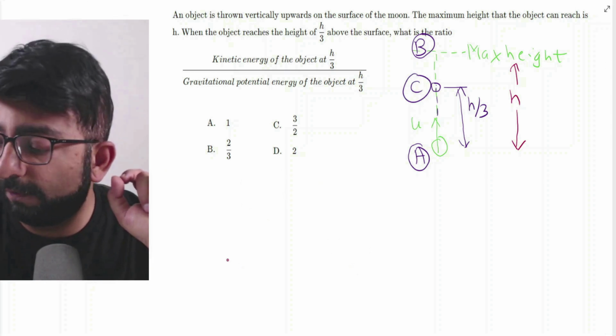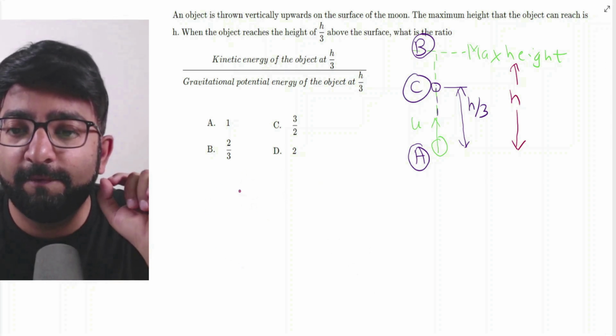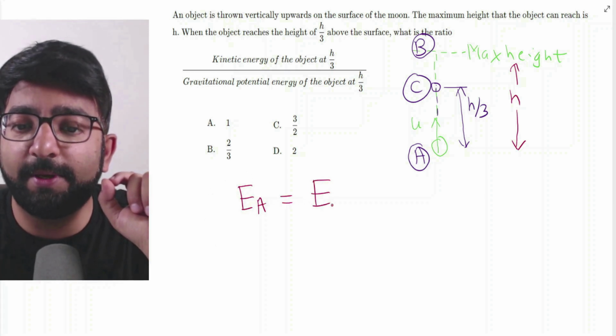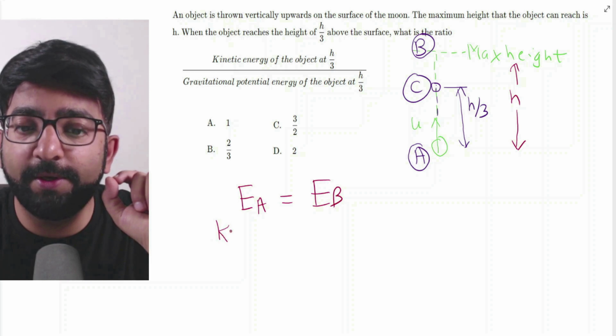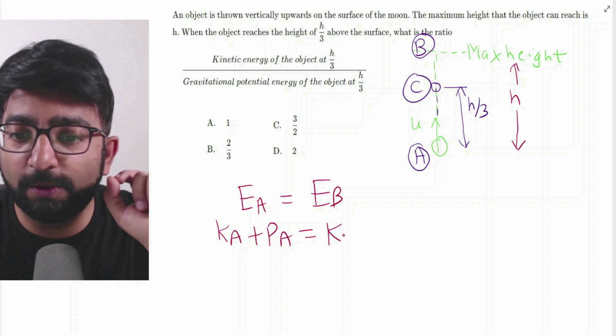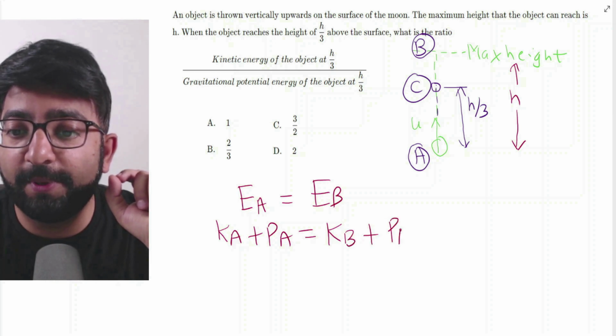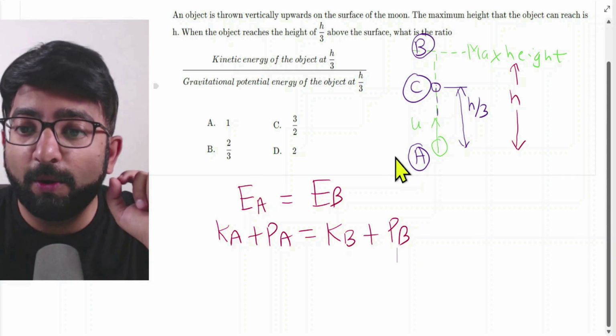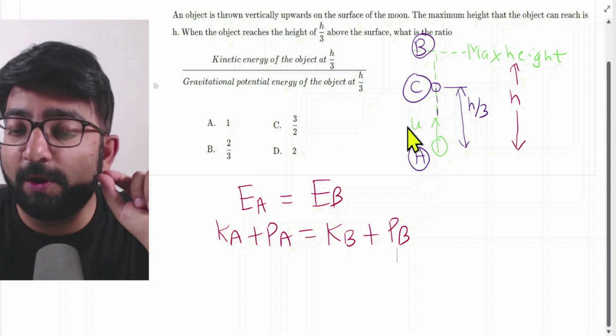So according to the law of mechanical energy conservation, first of all, we will equate the energy at A with the energy at B. And total energy we know is the combination of kinetic and potential energy. So the expression will become Ka plus Pa equals Kb plus Pb, where Pb stands for the potential energy of the object at B. Now at A, we have assumed the velocity is u.